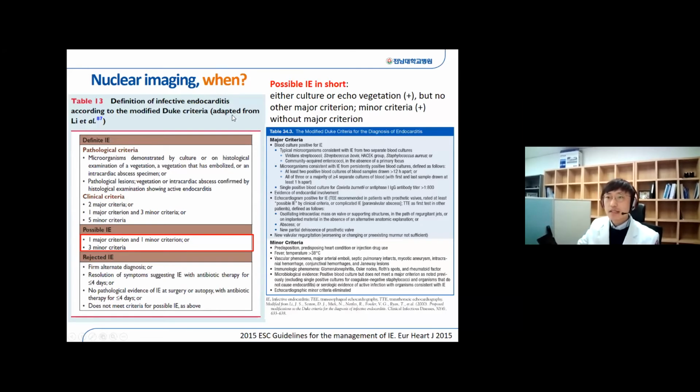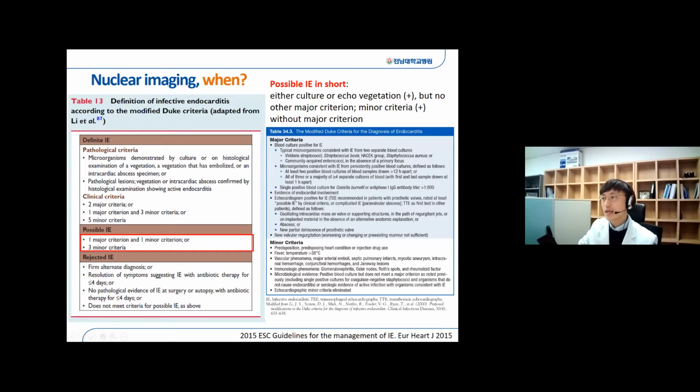So on the left side is the table from the modified Duke criteria. Here, the red box indicates the criteria for possible IE, and in short, it is either culture or echo vegetation positive but no other major criterion positive, or several minor criteria are present but no major criterion positive. So this is a very equivocal finding for diagnosing infective endocarditis.